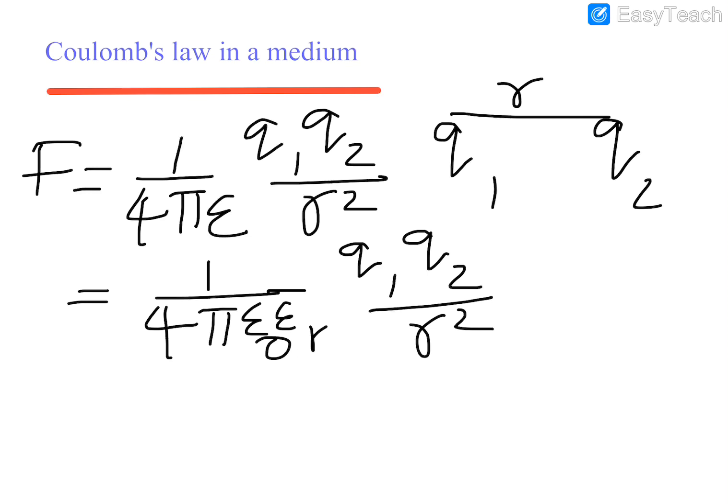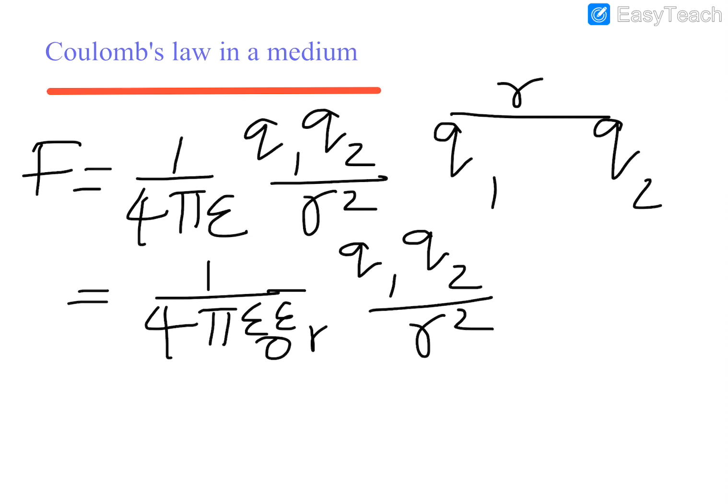After that, only one term is remaining, that is epsilon r. So if you eliminate epsilon r, the rest of the terms are nothing but Coulomb's law in air or vacuum, which will give you the force of point charges in air or vacuum.